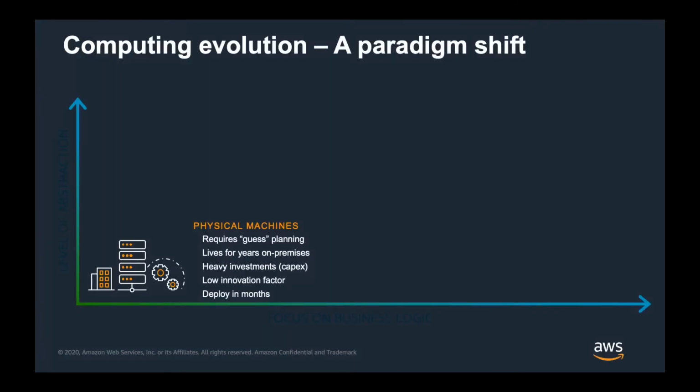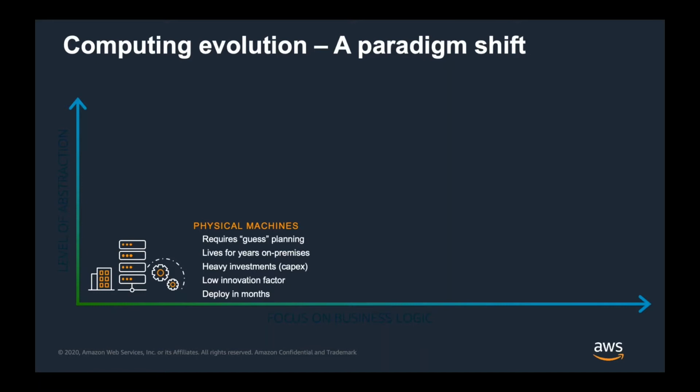So let's start with understanding the evolution. On the compute side, we have seen a paradigm shift. Many companies, even today, like to maintain their own data centers, and there are a variety of reasons for that. But by doing that, they are not really able to leverage all the innovation that's happening in the cloud.